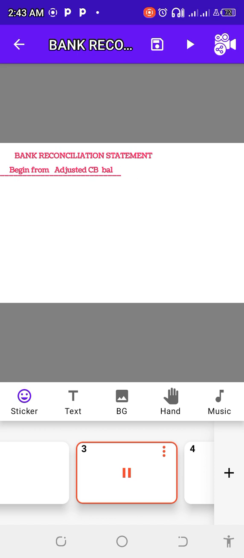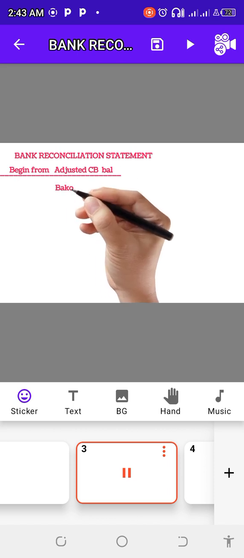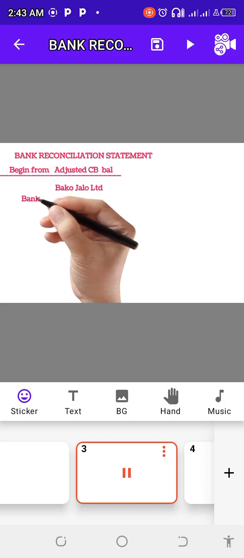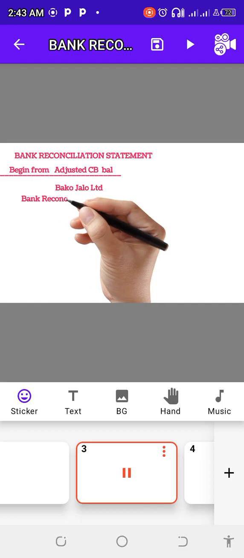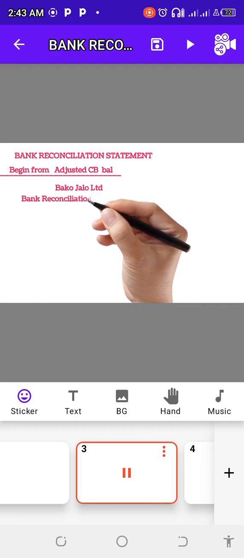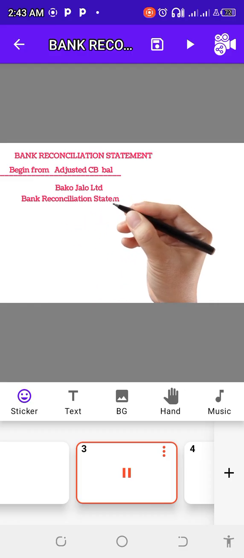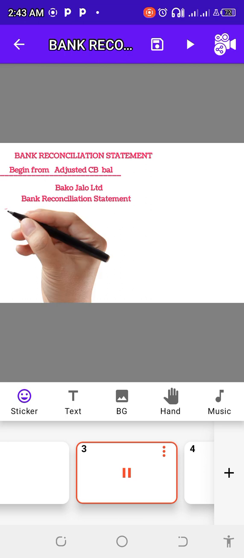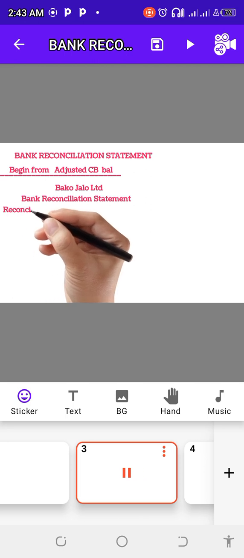So we are beginning from the adjusted cash book balance. As we are beginning from the adjusted cash book balance, we must first of all bring down the bank balance as given in the question. That bank balance is the reconciling figure, the figure that we are going to arrive at after we have done our reconciliation.